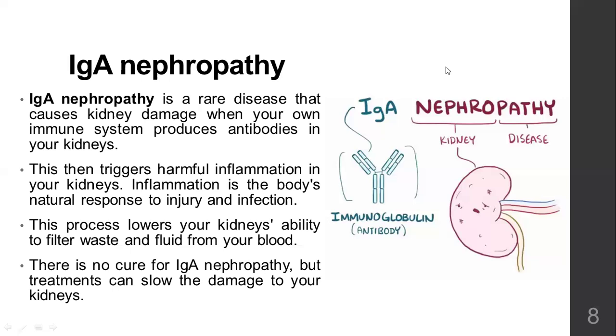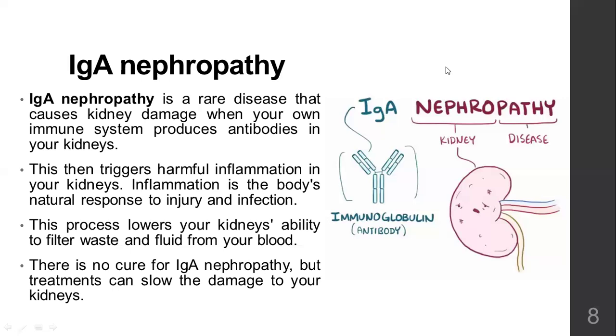When the kidneys are getting injured at the cellular level again and again, inflammation will happen. Inflammation is taking place to protect your body. But inflammation has its negative consequences as well. In this process it lowers your kidney's ability to filter waste and fluid out of your body.